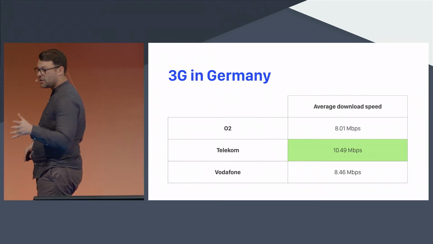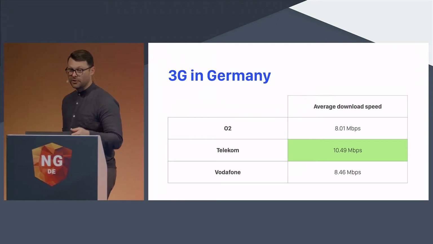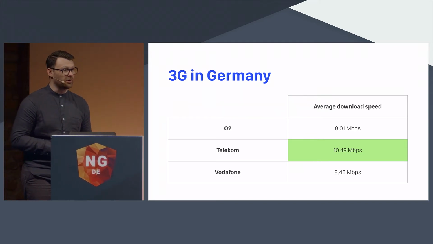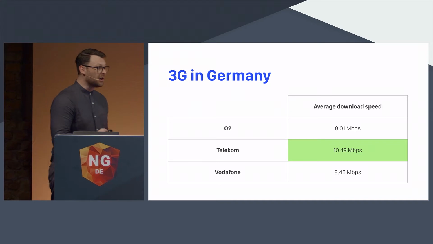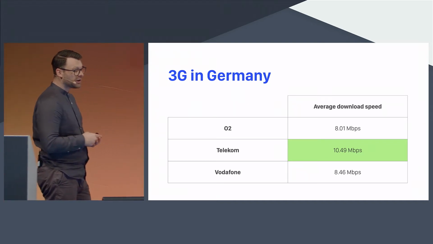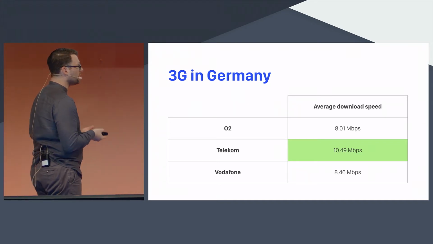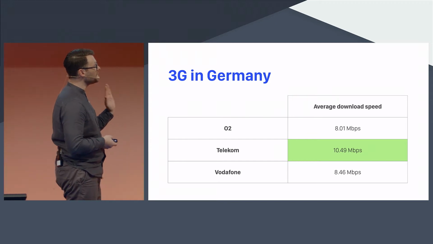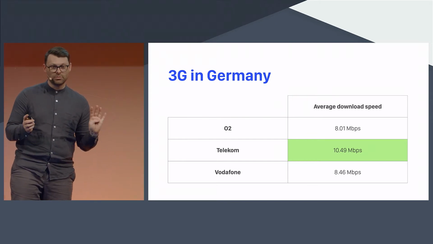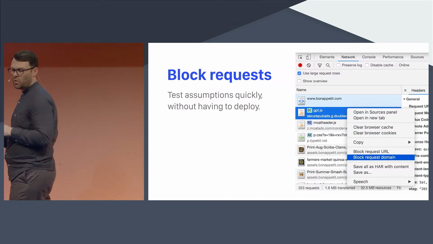In Germany, 3G is still a very, very real network that people are on as your device switches off LTE. If we look at the largest carrier by far, Telecom, we can see that the average download speed is about 10 megs per second. Wow. Very excited.